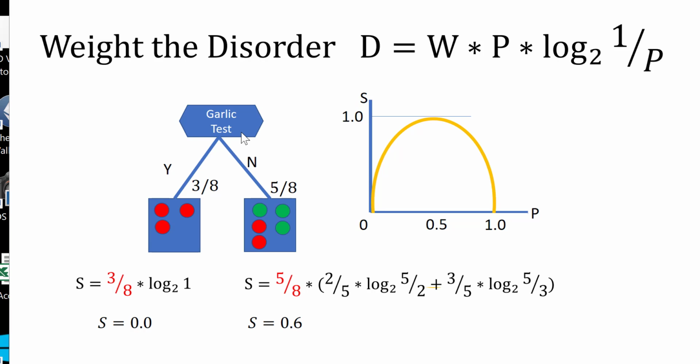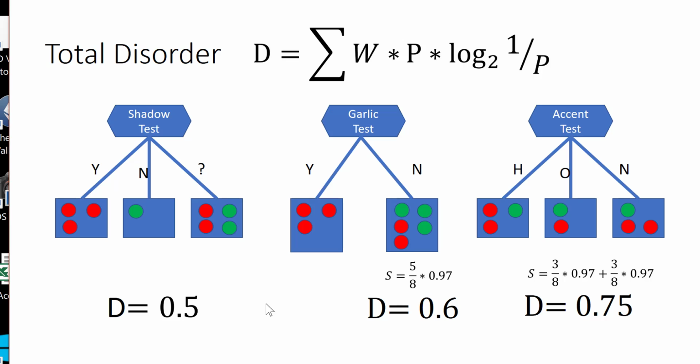So we can look now at all of these tests and find out how much disorder they give rise to. So that's what we'd like to do. And if we work through these, we find that the shadow test gives us disorder of 0.5, the garlic test 0.6, so more disorder, and the accent test 0.75. So the best test is the shadow test. We should apply that first.